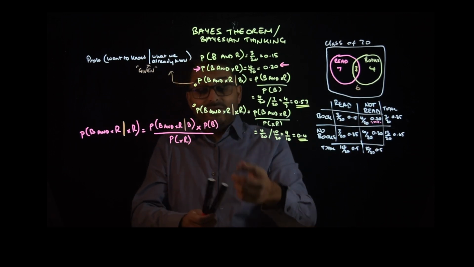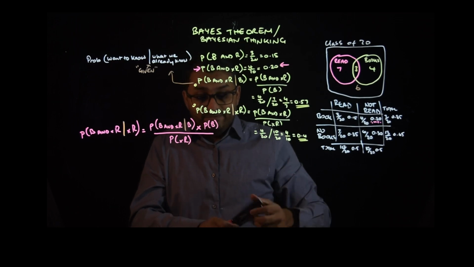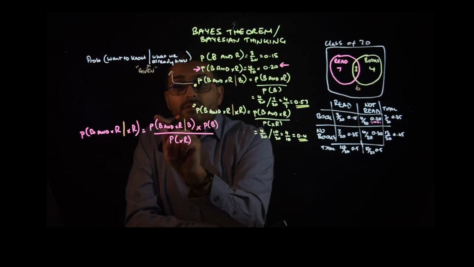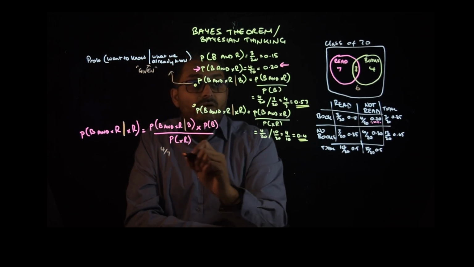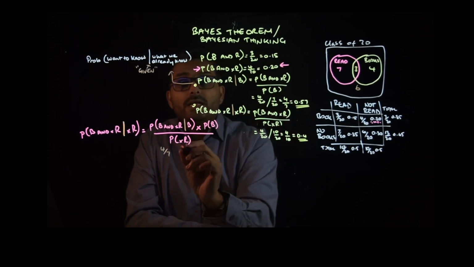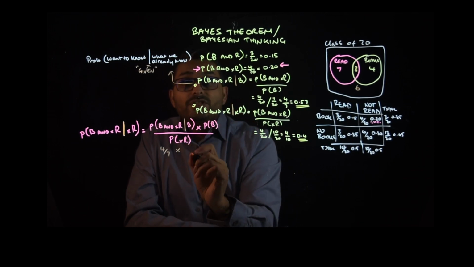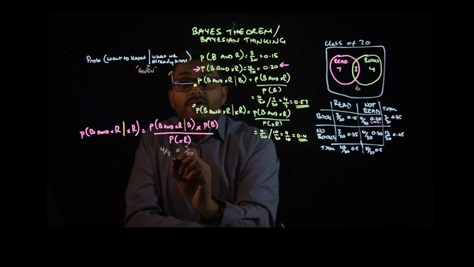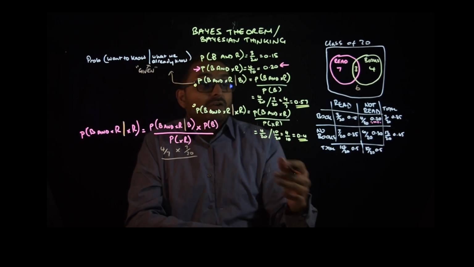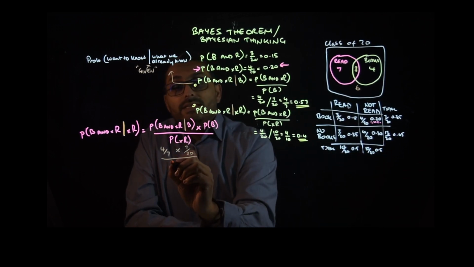And if we plug in the numbers, for this one we have 4/7, which we've worked out here, multiplied by the books, which is 7/20, divided by the probability that they don't read, which is down here, 10/20.